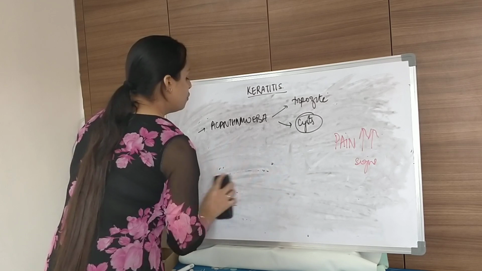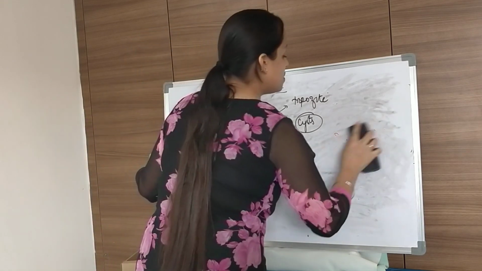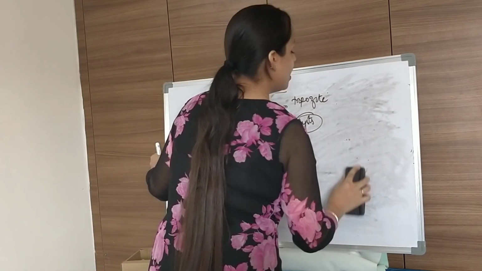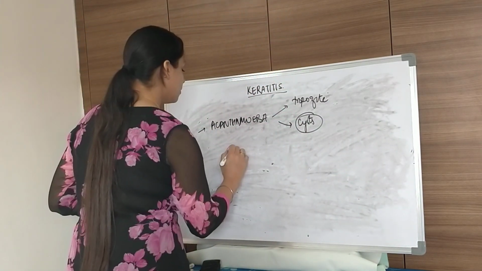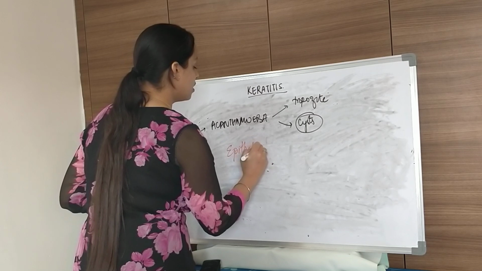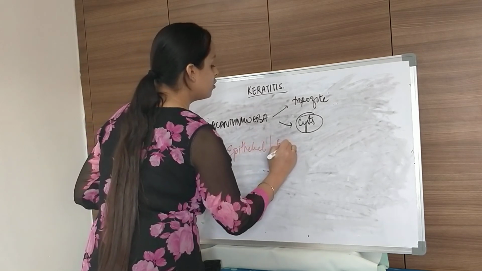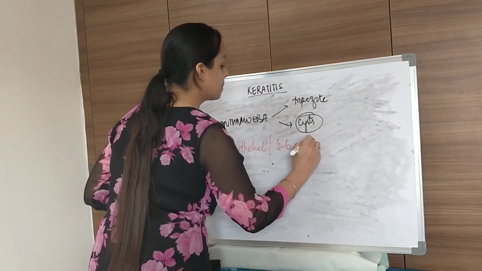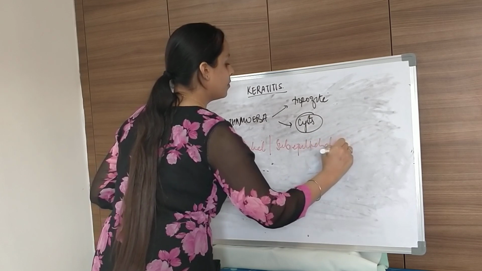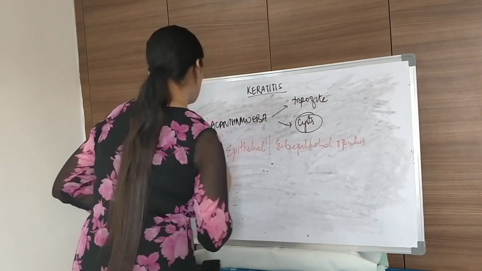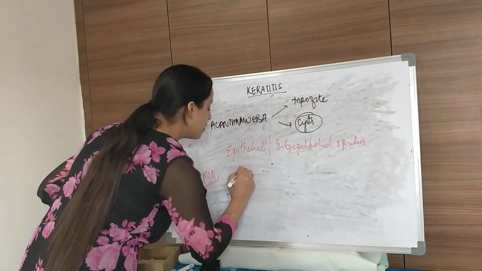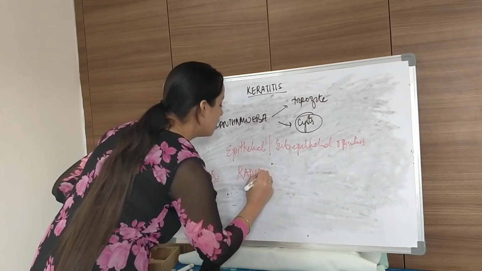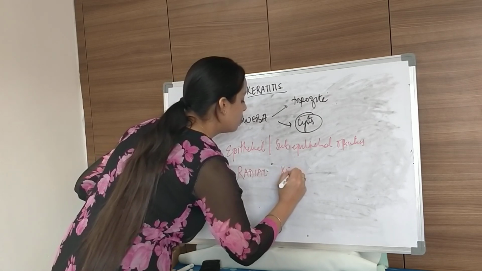So what kind of clinical manifestation will it have? First, it will have epithelial and subepithelial opacities. And the MCQ-peculiar thing which it causes is radial keratoneuritis.